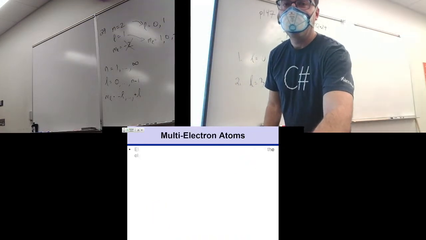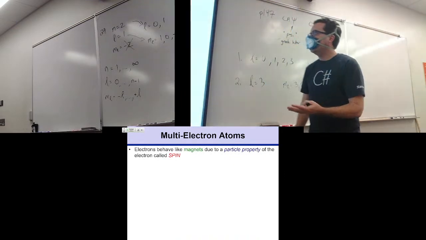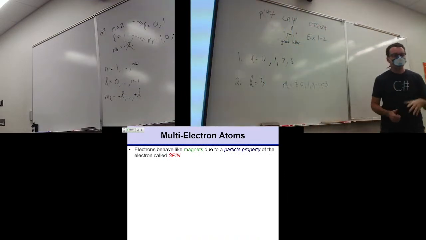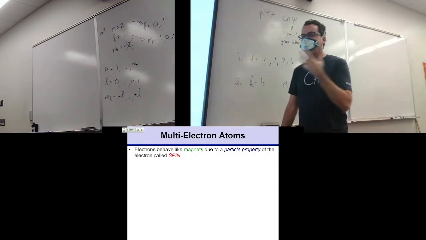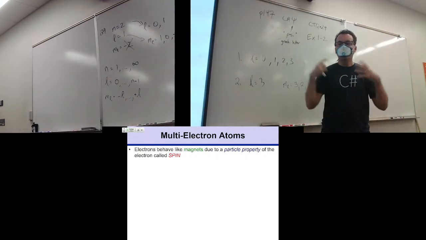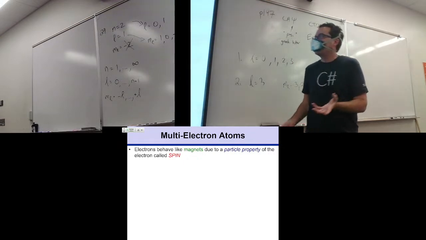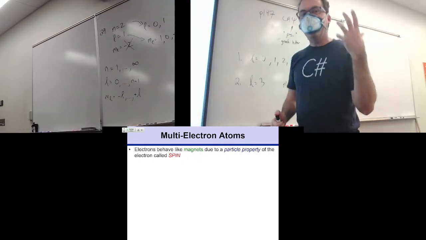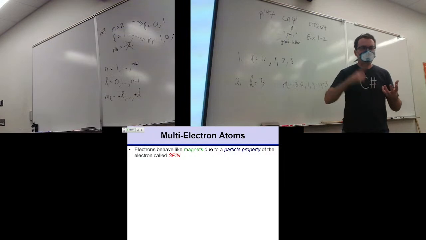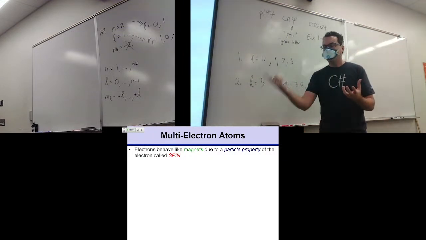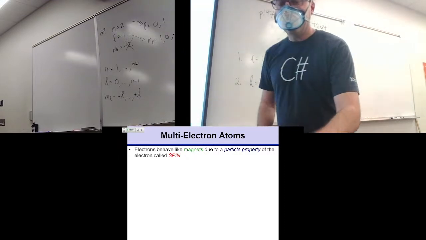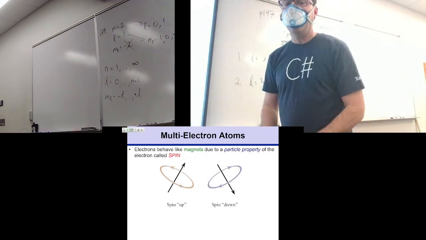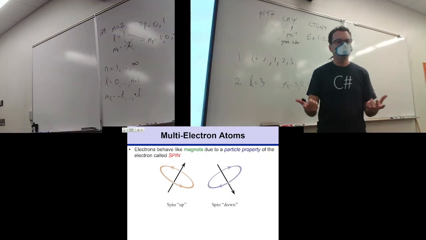So electrons, now we know, have this component called a spin. It's not exactly an electron spinning, but that's the easiest way to visualize it. It interacts with the magnetic field the way a spinning mechanism might. And the electrons can either have a spin up or a spin down orientation.